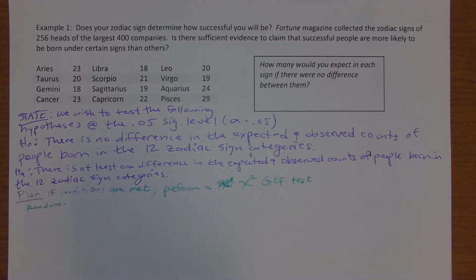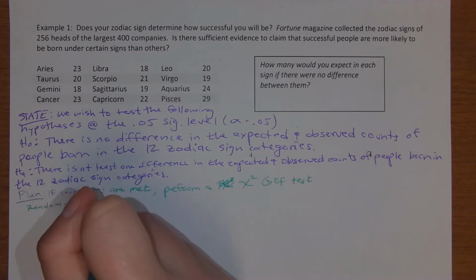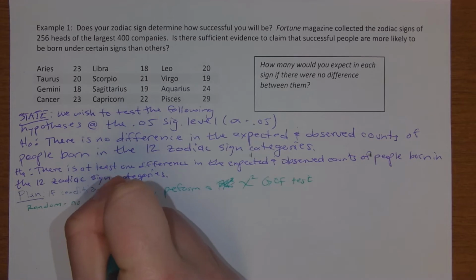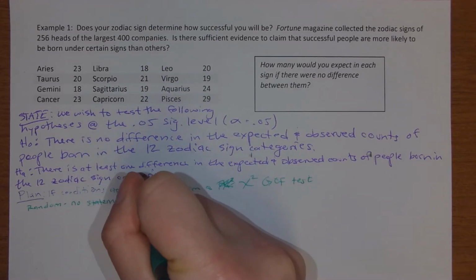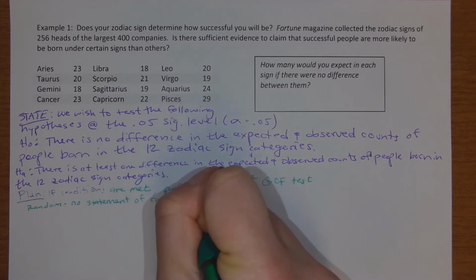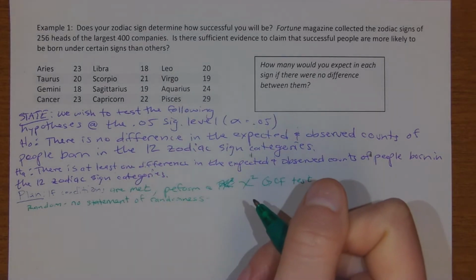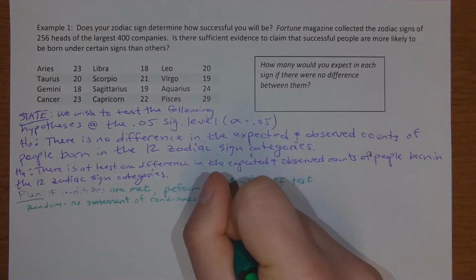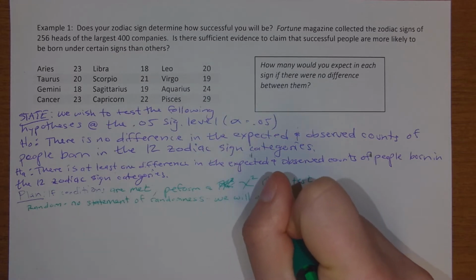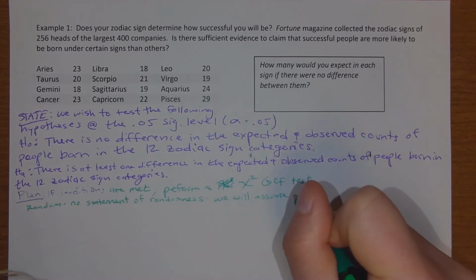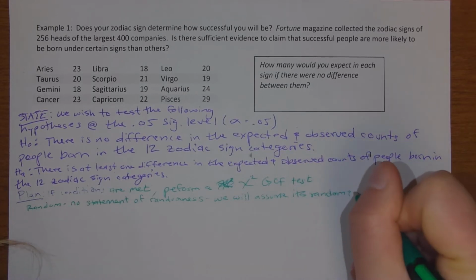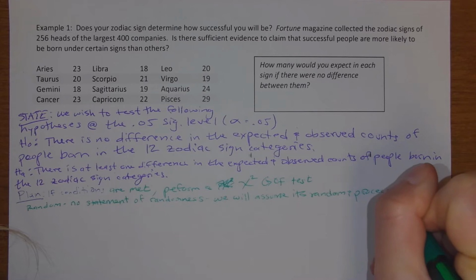So we would say no statement of randomness, we will assume it's random and proceed with caution.